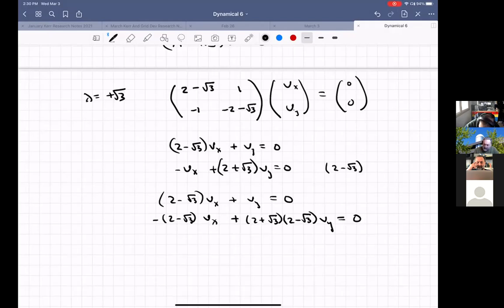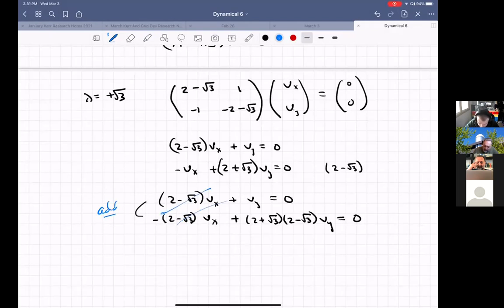Okay, yeah, this is actually fine. The reason I did that is I'm going to try to solve these two equations. If I add these two lines, everybody understands what I've done, right? These first two things cancel.